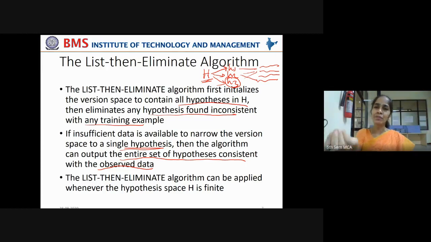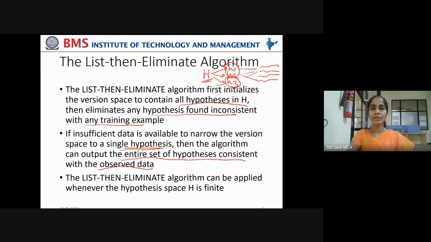But if you give very few examples, then the hypothesis space will have more hypotheses because it can't learn properly which hypothesis will generalize. So it will try to output H1 and H2 in this case, but no more training examples are given. So it doesn't know which one to select, H1 or H2, so it keeps both of them. That is the example of this List-Then-Eliminate algorithm.